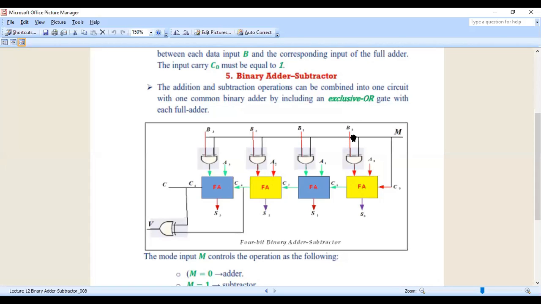If any one of the inputs is 1, at least one, the output will be 1. So here B3, B2, B1, B0. The B0 value is 1, and what is the M value here? 1. So what will be the value of 1 exclusive OR 1?